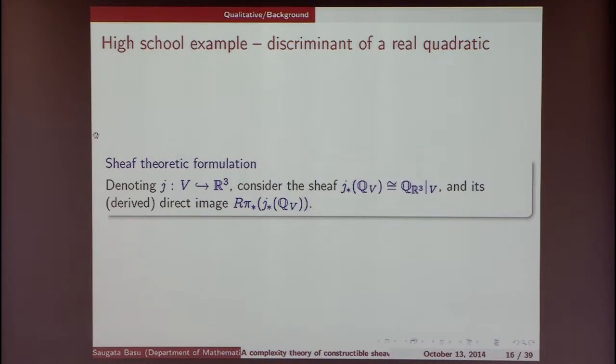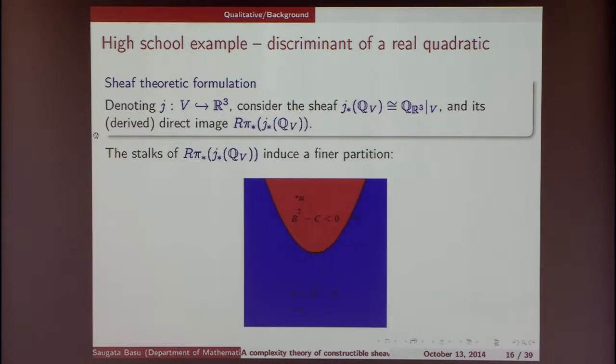And now you look at the derived direct image under this map pi. What about the stalks? Now it's even worse, but okay. The stalks will depend on where you are in R2.